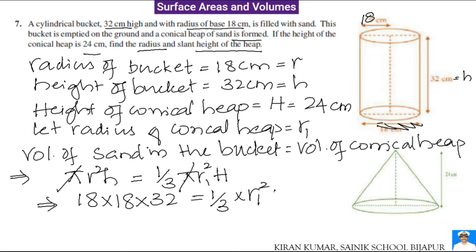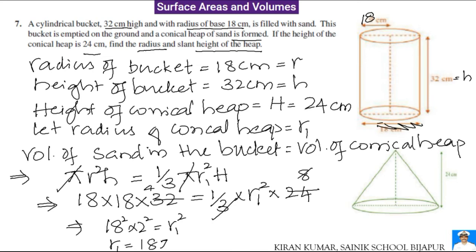So r1 square into height is given as 24. 3 8 times is 24. This can be simplified. This will be 4 times. So we get it as 18 square into 2 square as the value of r1 square. So r1, we can find it out. It is 18 times 2, 36.